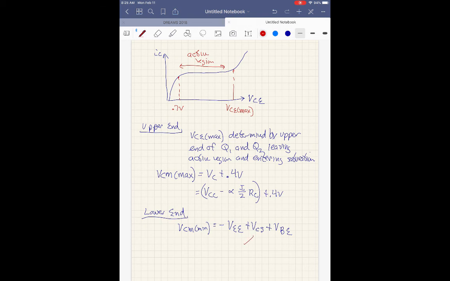Okay, and again, this right here is the minimum voltage across the current source I to ensure proper operation. And that's it. That's it for this chapter.